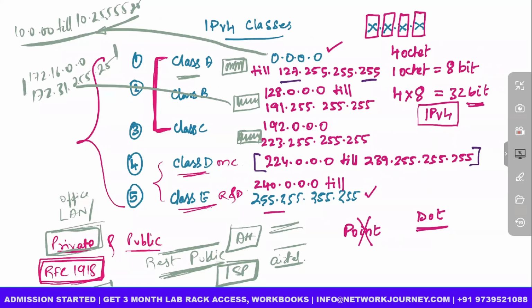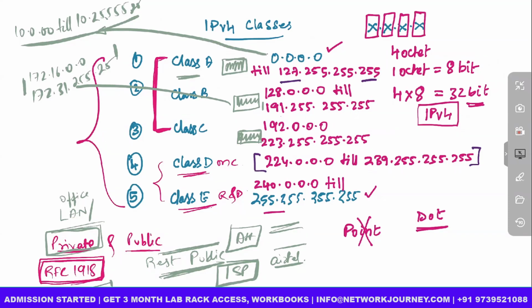So you had a wider range, 128 to 191 was the range, but you selected 172.16. See the block there, 16. From that block till 31 is your private range. The rest is public.